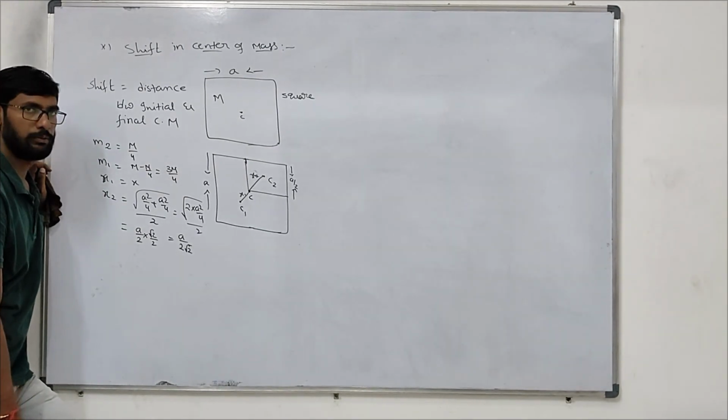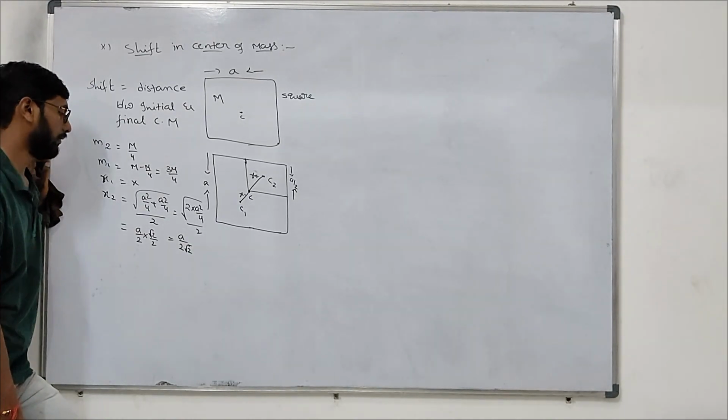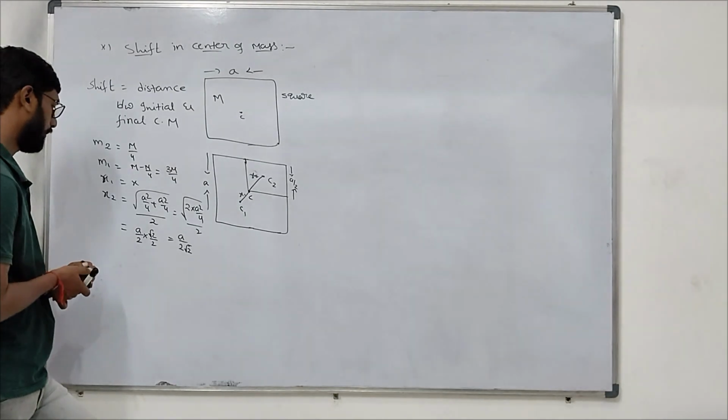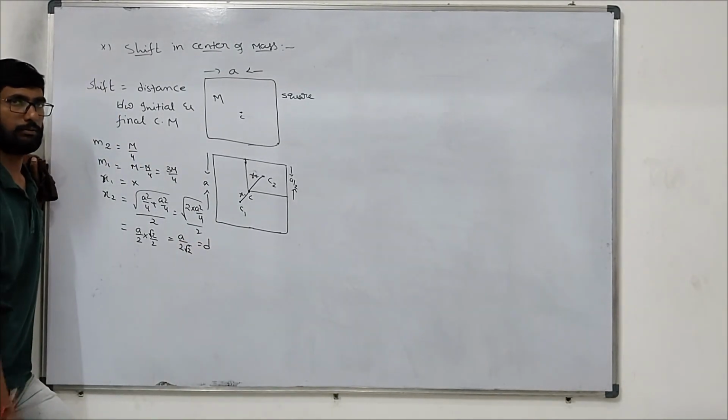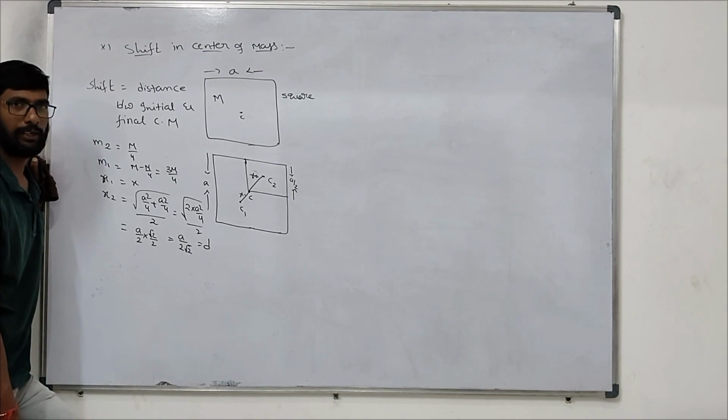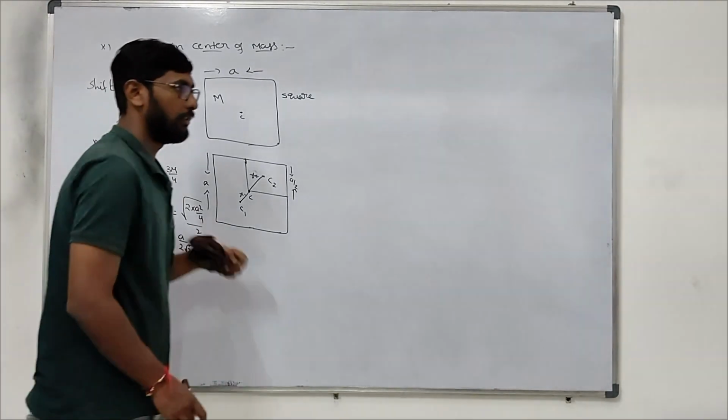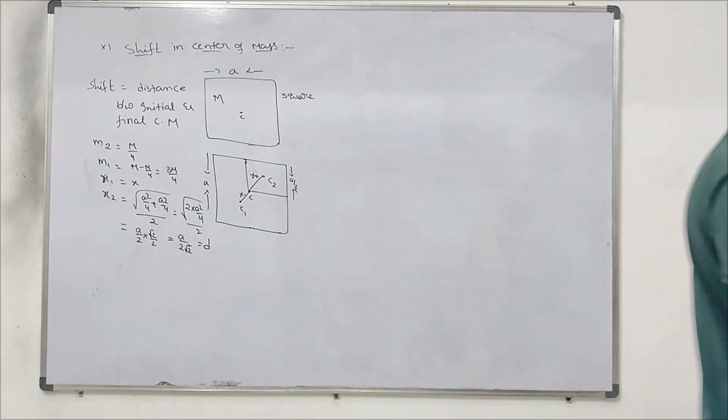RCM is 0 anyhow. 0 here. So here it is. Okay. What we'll do, you consider this as D. So when it is required, we'll replace it with A by root 2. You consider that is D and that it is required.